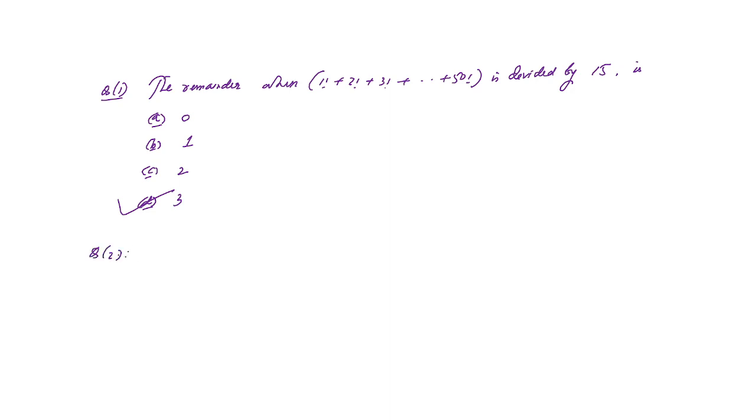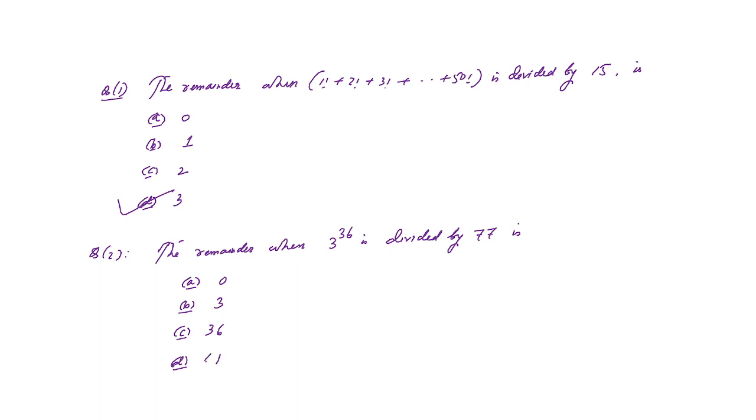Or you can ask the question: the remainder when 3 to the power 36 is divided by 77 is: option A 0, option B 3, option C 36, and option D 41.